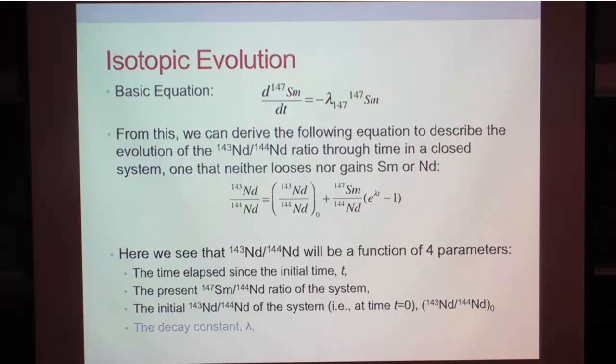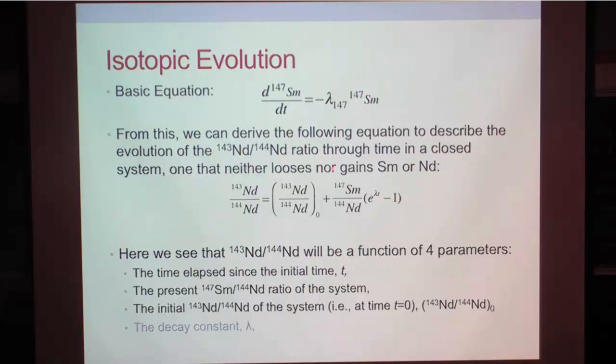This is the change in the amount of samarium-147 as a function of time, which is going to be the negative of the decay constant, which defines the rate of decay, and that's a parameter that's independent of everything, basically, times the number of atoms we have of samarium-147.